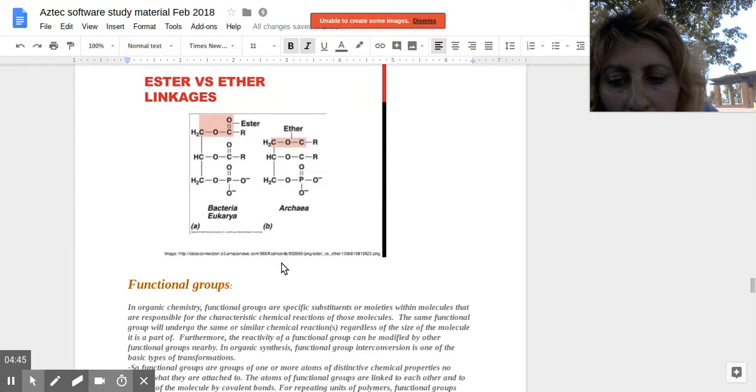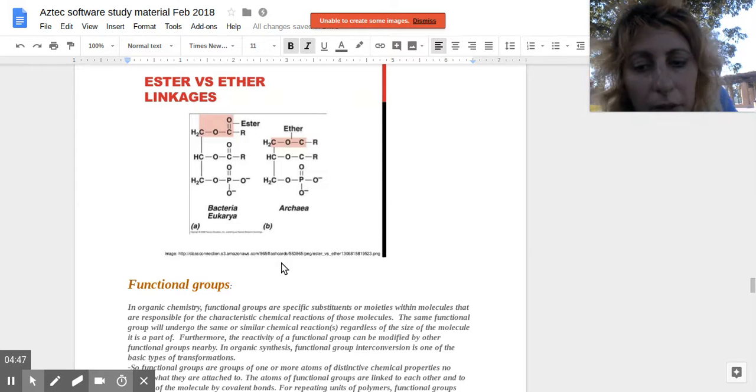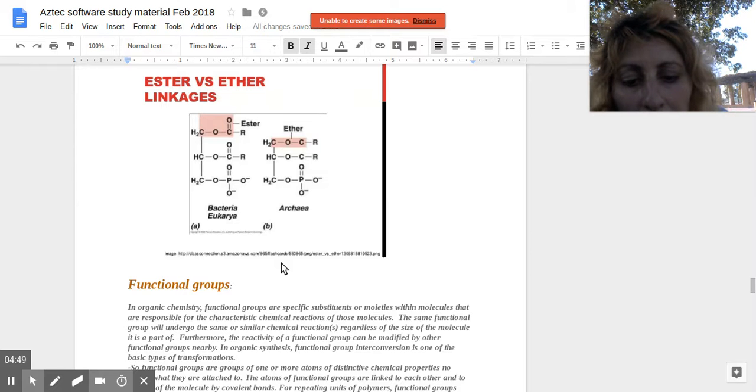The same functional group will undergo the same or similar chemical reactions regardless of the size of the molecule it is part of. Furthermore, the reactivity of a functional group can be modified by other functional groups nearby. In organic synthesis, functional group interconversion is a basic type of transformation.